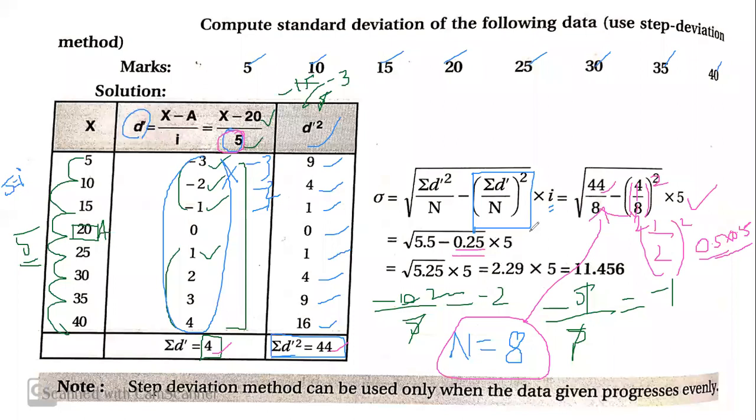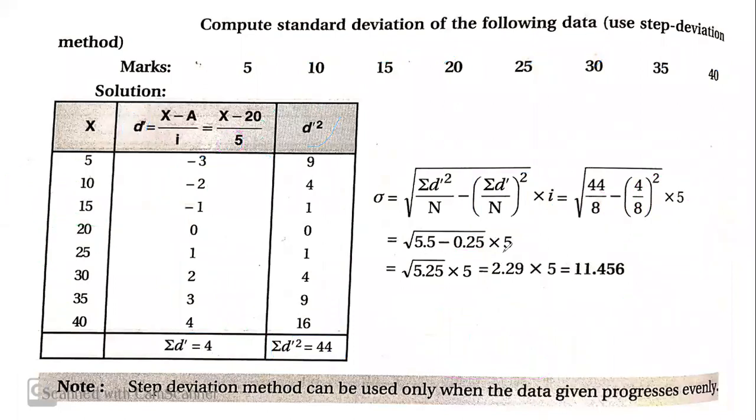This 5 is directly taken. When you subtract these two values, 5.5 minus 0.25, you get 5.25.